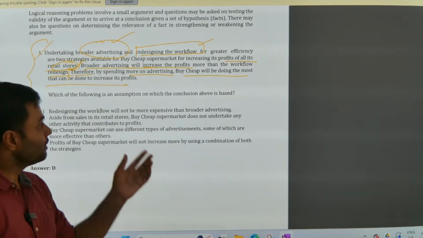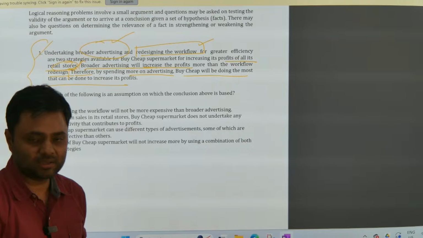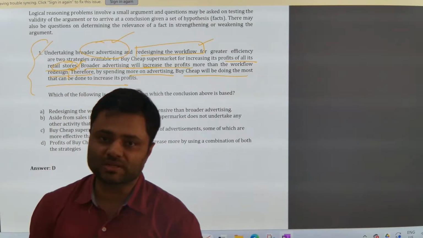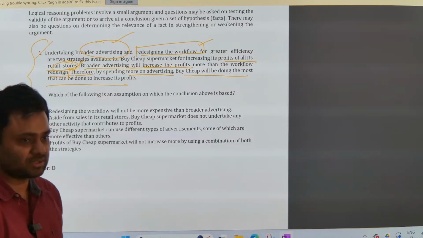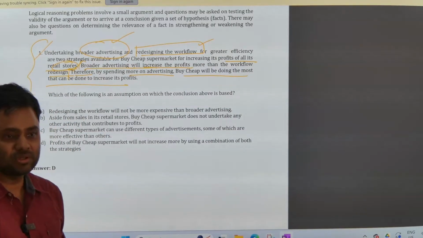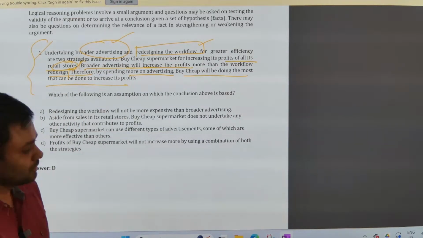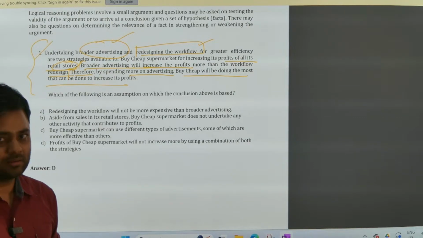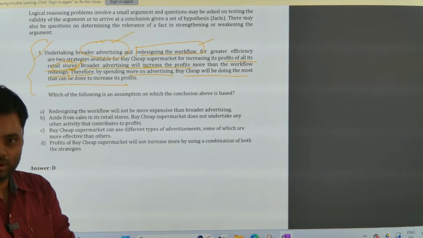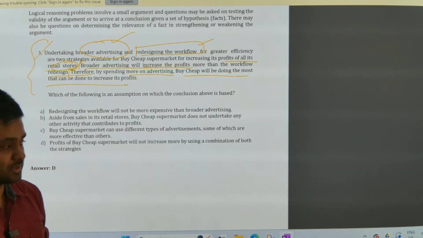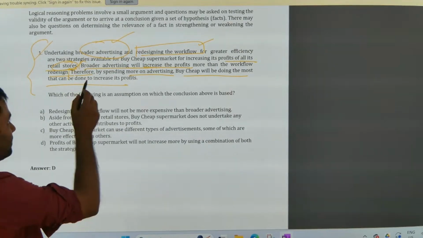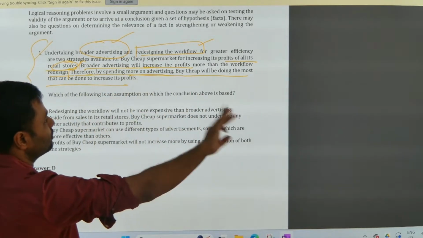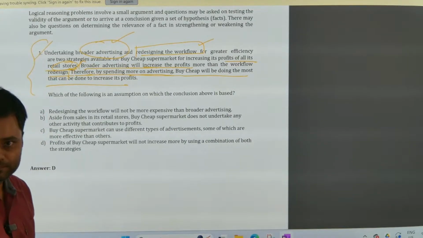So of course, one analysis says that advertising will help more in increasing the profits as compared to redesign. So they should go for advertising, and obviously advertising is something on which we have to spend. Workflow redesign or process redesign is not a costly process, or not that costly a process at least. So they conclude that we have to go with advertising only, right?